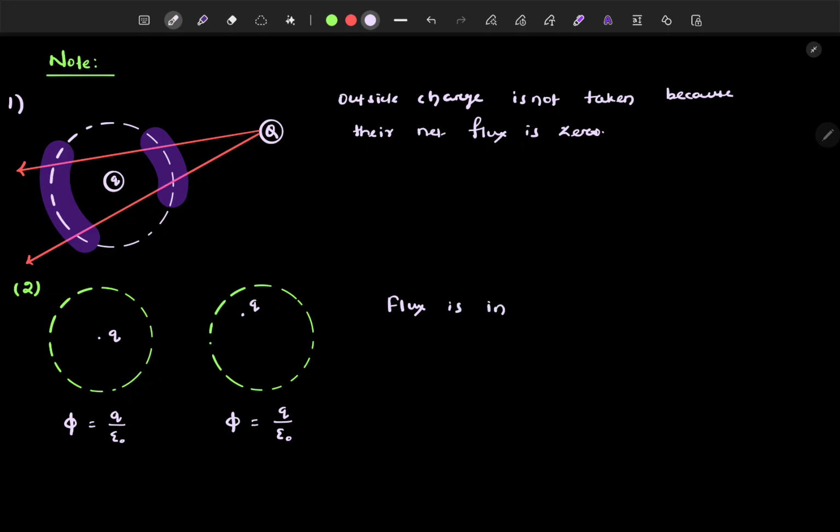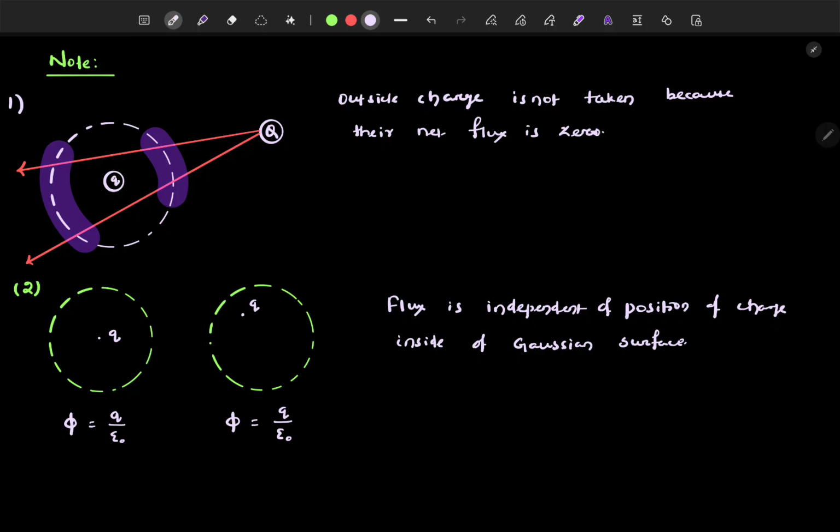Electric flux is independent of position of charge inside of the Gaussian surface. One of the most interesting points.